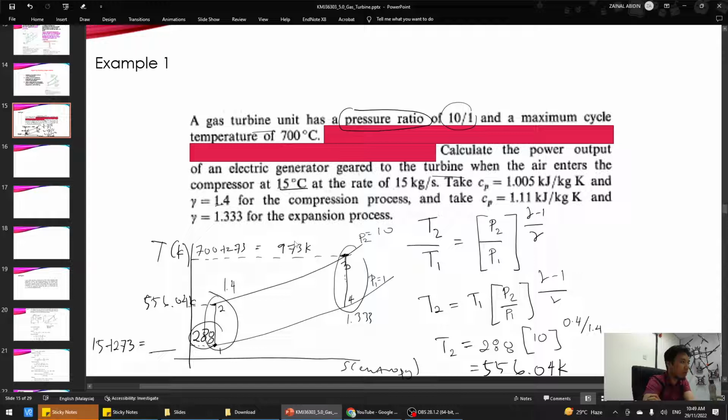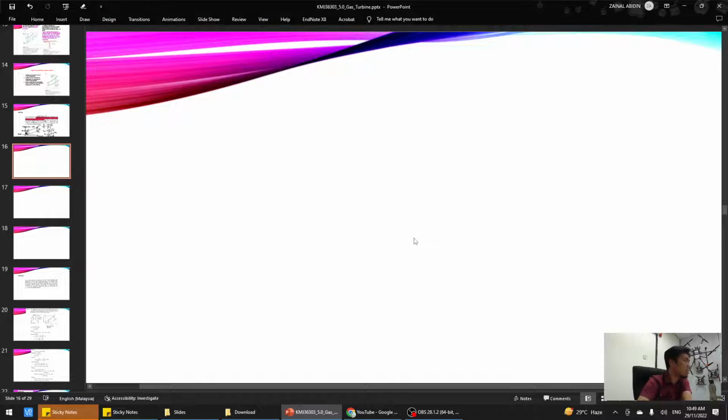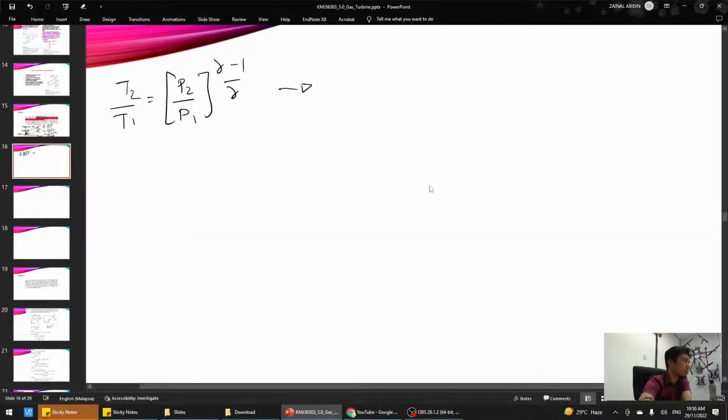T3 is already given in the question, you have 973 Kelvin. Then T4, we just repeat the same equation. Just now we wrote T2 over T1 equals P2 over P1 to the power of lambda minus 1 over lambda. For the other one on the expansion side, don't write it like this, P4 over P3.